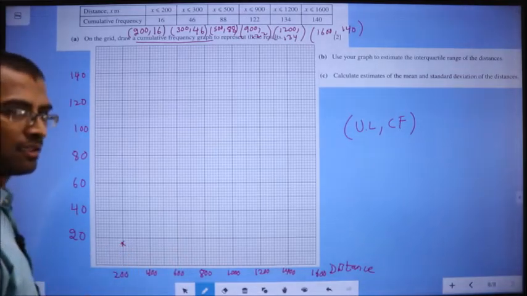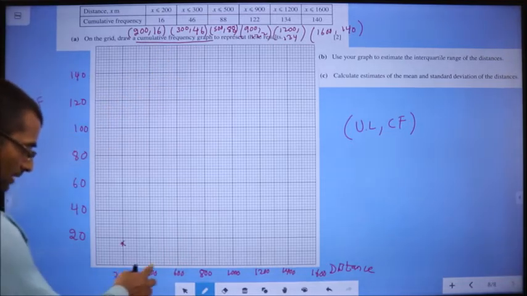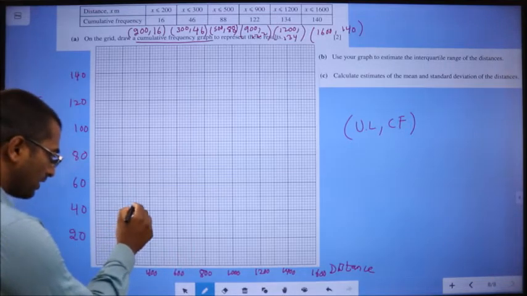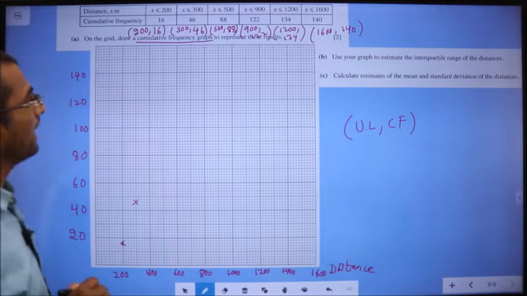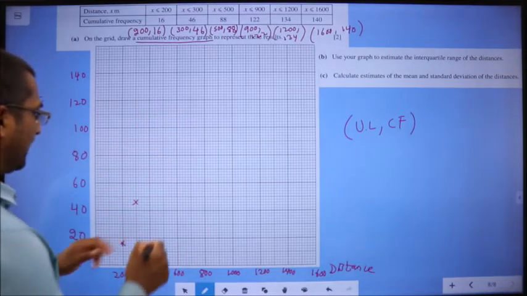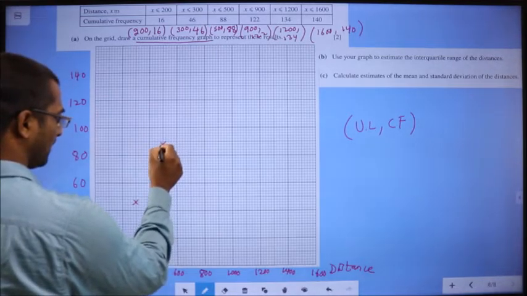Okay. Next, 300, 46. Middle of these two will be 300. This is 40, so 42, 44, 46 is here. Next, 500, 88. Middle of this will be 500. 88 means this is 80, so the fourth line will be 88.